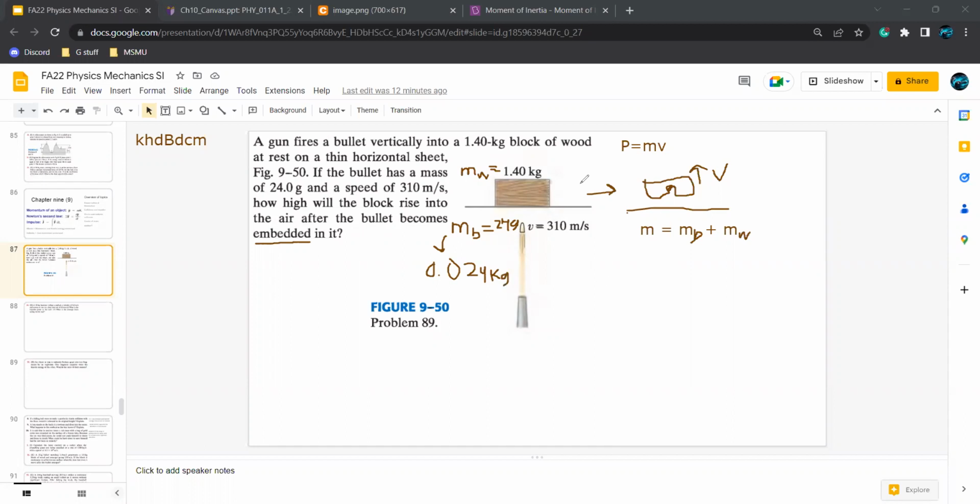Okay. You can also note that the V of the wood here is 0. Because it's at rest, right? So at rest tells you that V is equal to 0. And then this is our V of the bullet.